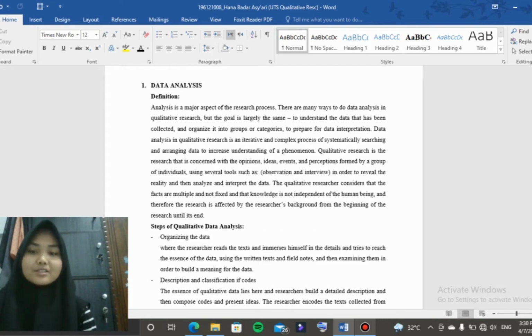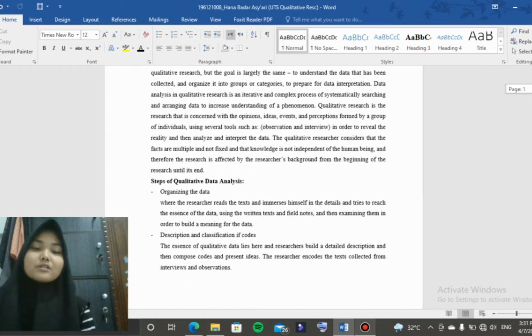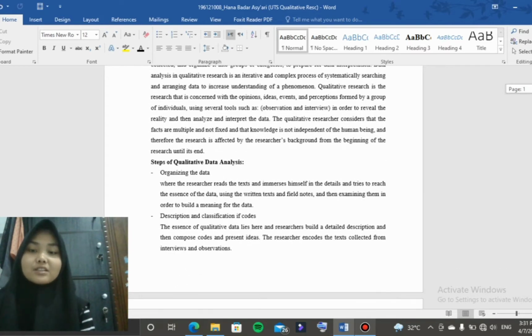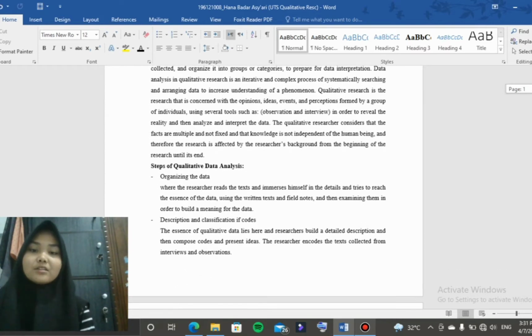Qualitative research is research that is concerned with the opinions, ideas, events, and perceptions formed by a group or individuals using several tools such as observation and interview in order to reveal the reality and then analyze and interpret the data.